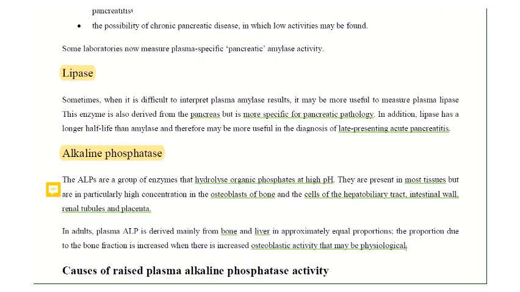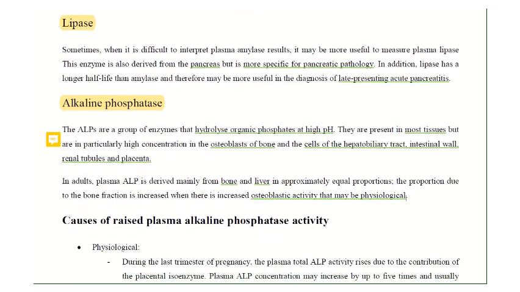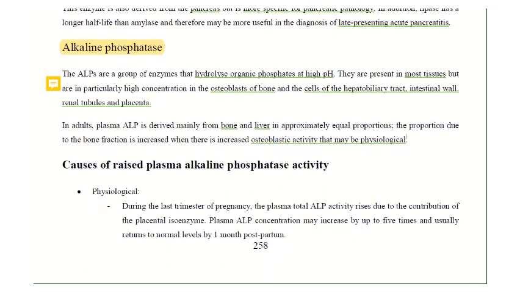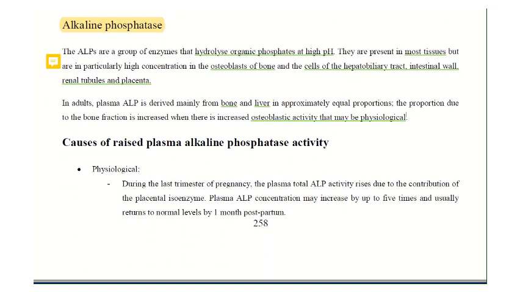بالنسبة للألكالين phosphatase، the alkaline phosphatases are a group of enzymes that hydrolyze organic phosphates at high pH.